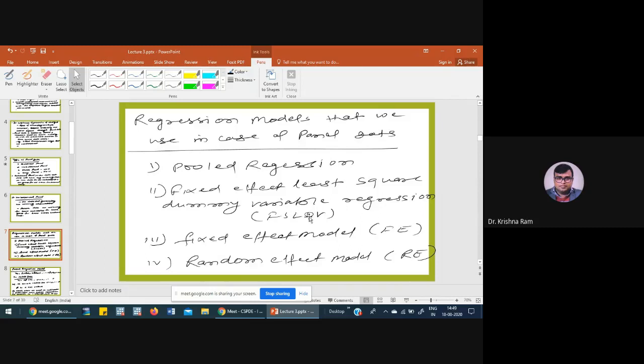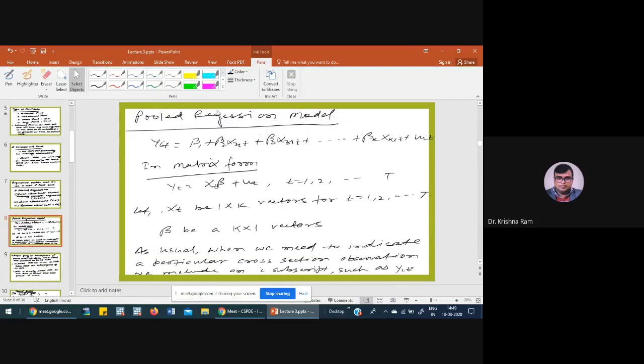Whenever you apply the fixed effect method for estimating the parameters of a panel regression model, we say the model is a fixed effect model. And whenever we apply the random effect method for estimating a panel data regression model, we say our model is a random effect model, nothing else.